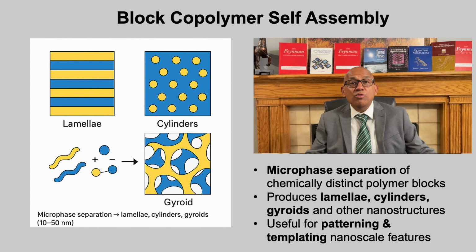What makes block copolymer self-assembly especially valuable is the scale. Domain sizes are typically only 10 to 50 nanometers, far smaller than what can be achieved using conventional photolithography. As a result, block copolymers are increasingly explored as templates for nanopatterning in semiconductors and nanomanufacturing industries.